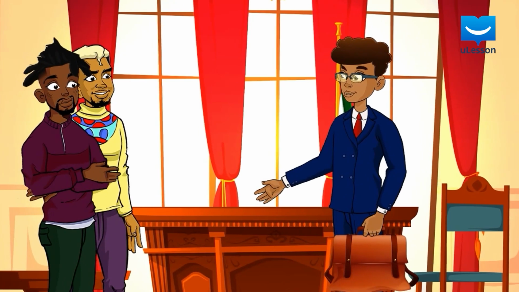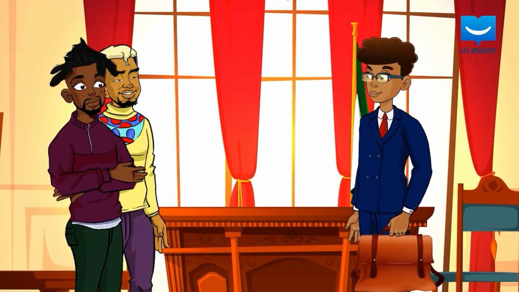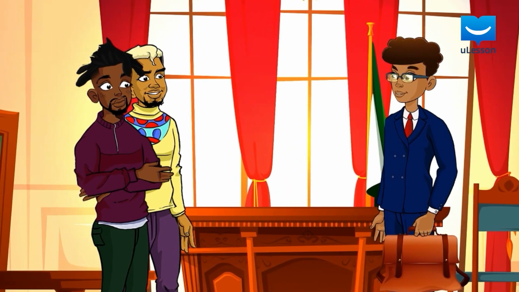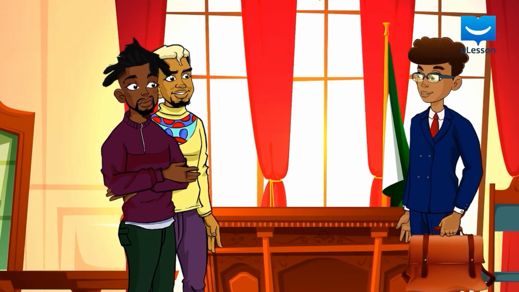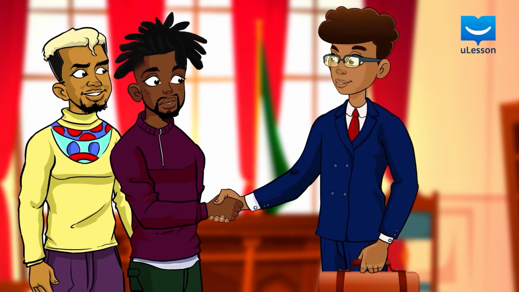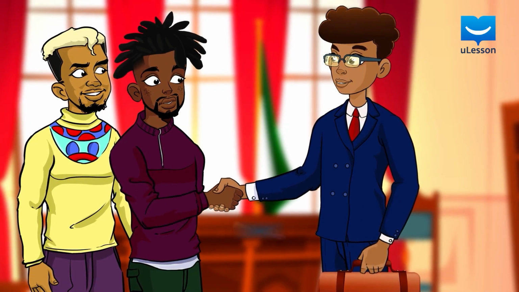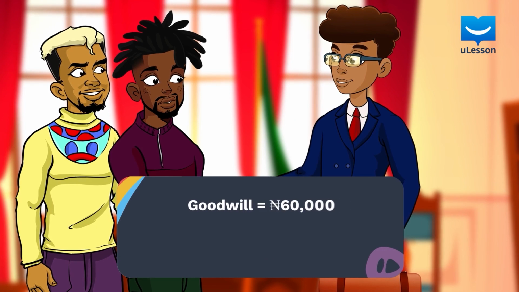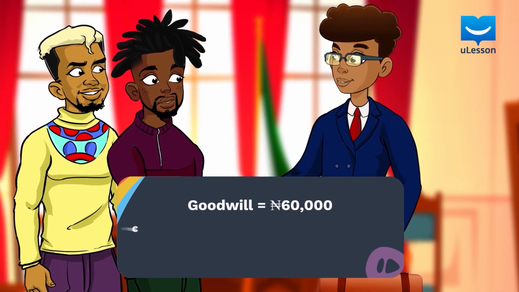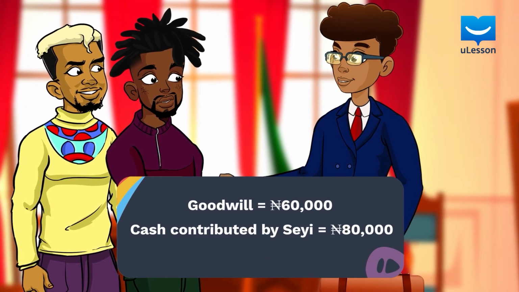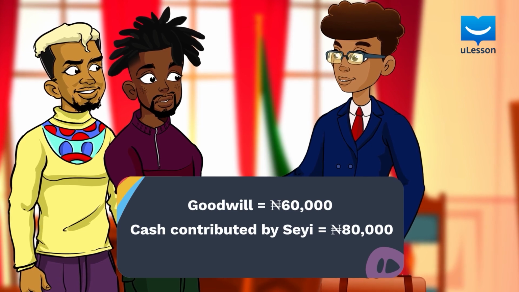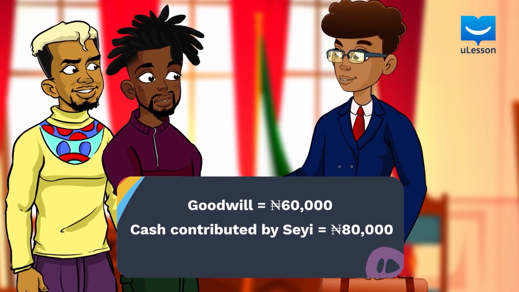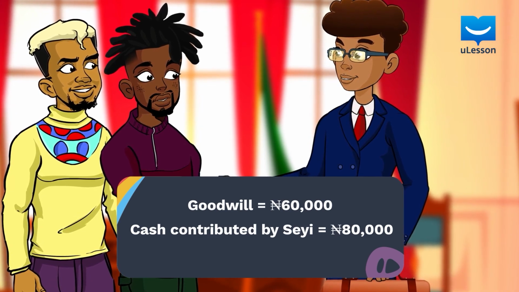On the 1st of January 2021, they admitted Sheyi as a partner to their business. The partners agreed that the value of the goodwill of the business was 60,000 naira, and Sheyi was to contribute 80,000 naira. Profits and losses would now be shared equally amongst the three of them.